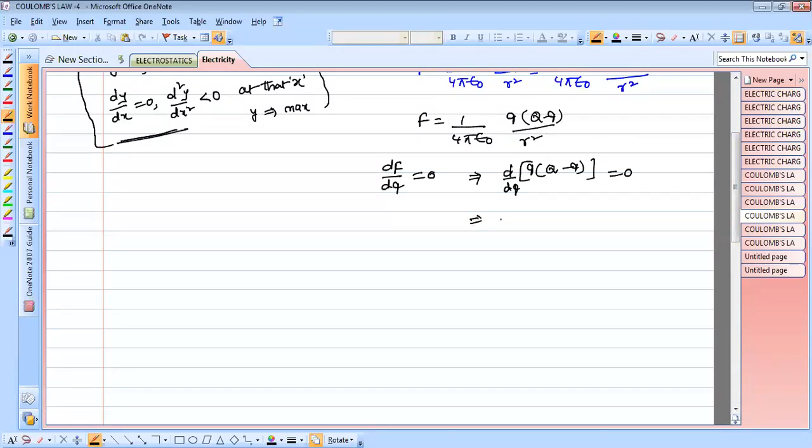Now this is d by dq of (Qq minus q square) equals 0. This gives capital Q minus 2q equals 0. So small q equals capital Q by 2. From this relation you have the q value equal to capital Q by 2.